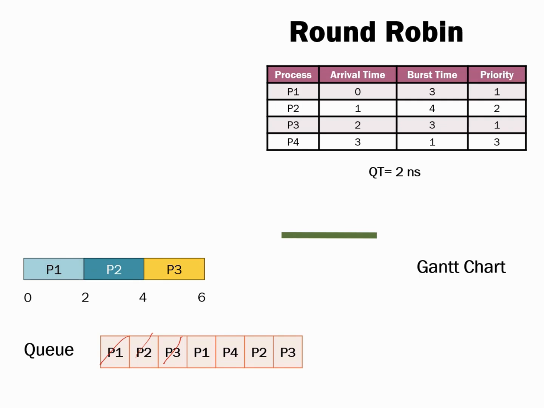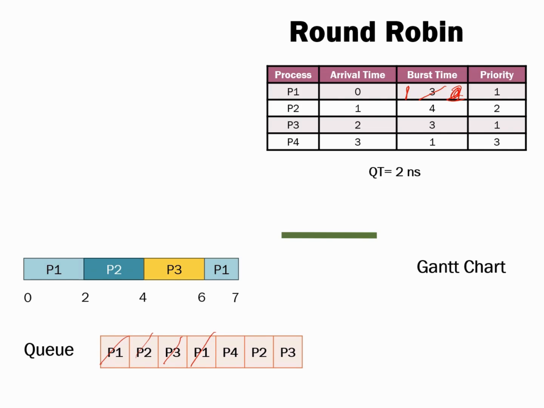Based on the queue, we must allocate the CPU to P1. But because the first time we allocated 2 to P1, only 1 nanosecond remains. So we allocate the CPU for 1 nanosecond between 6 to 7 to P1, and it is completed, so it does not go to the end of the queue.